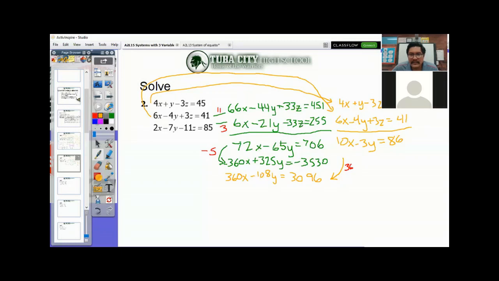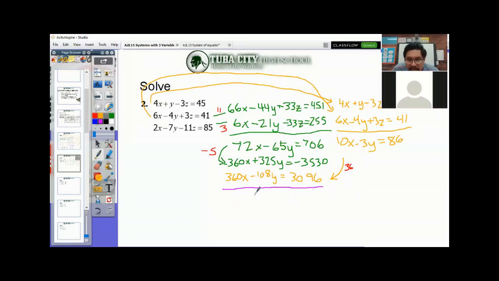Now I need to put these together so that the x eliminates. So I want the x to go away, which it does. 360x minus 360x is going to cancel it out. So for this one here, I have 325 minus 108.